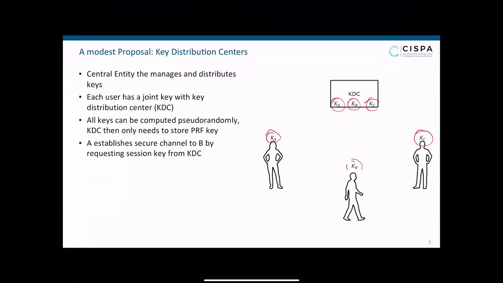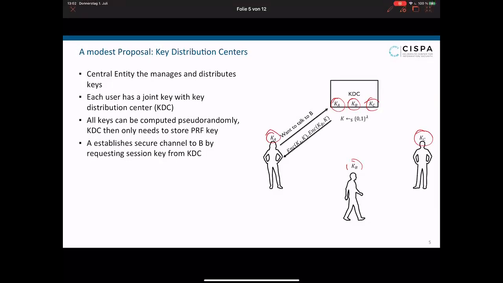Instead we're going to do the following. Let's say A wants to establish a secure channel to B. Alice wants to securely talk to Bob. Alice sends a message to the key distribution center, telling it, I want to talk to B. What the key distribution center now does is it generates a new private key K, and sends encryptions of this key under both KA and KB to Alice.